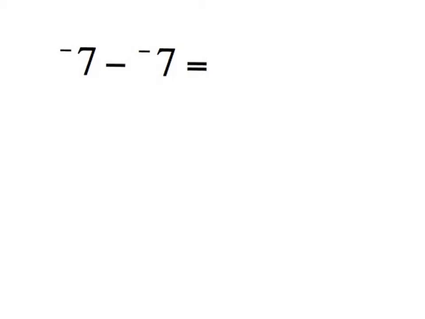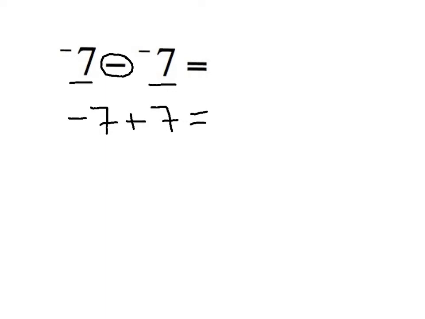Now here's a problem that will typically confuse students. They see -7 with the opposite of -7, and they instantly think 14. That is incorrect. Let's go through the steps and talk about it. The first digit stays the same. The opposite of subtraction is addition. The opposite of negative 7 is positive 7.